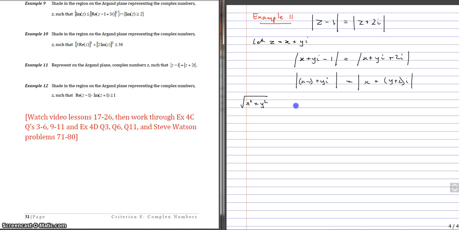So that's what we can do here. We've got the square root of (x minus 1) squared plus y squared equals the square root of x squared plus (y plus 2) squared.